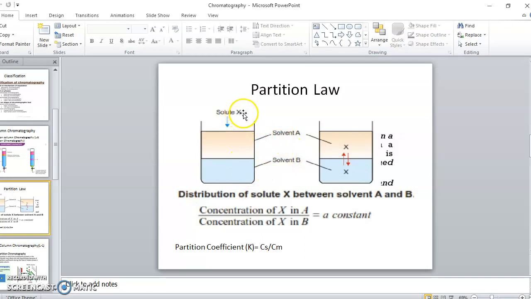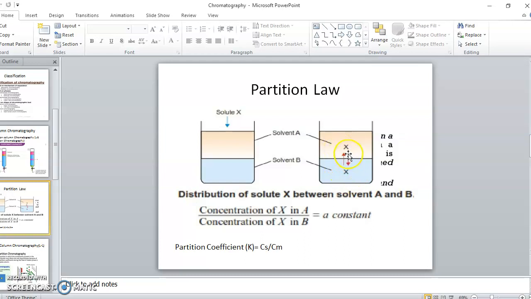So what you have is a solute X. Solute X is actually common to both solvents. What do you mean by that? The solute is soluble in both the solvent A as well as B. So initially, if the solute is dissolved in solvent A, after some time the solute will pass into the next solvent B also.